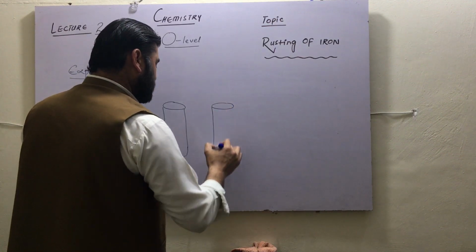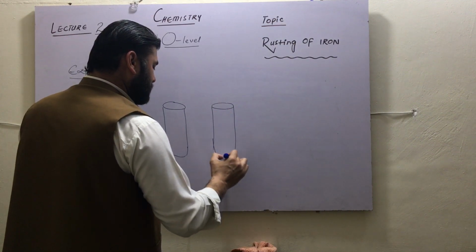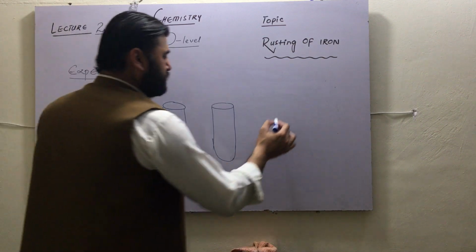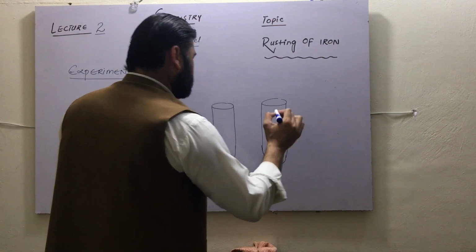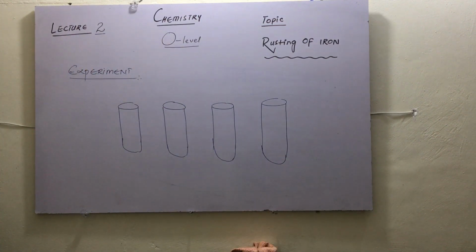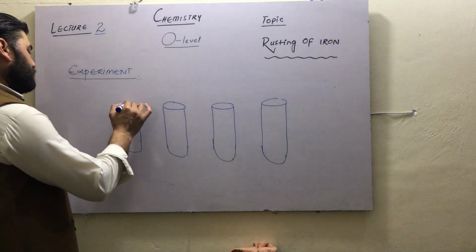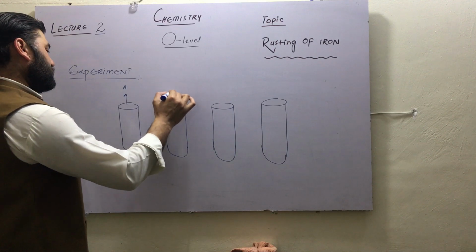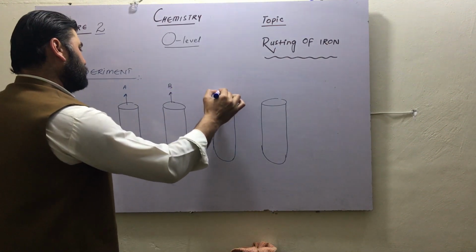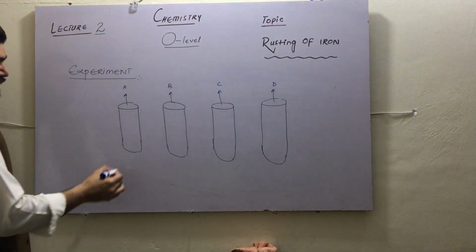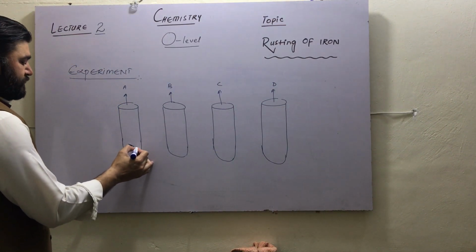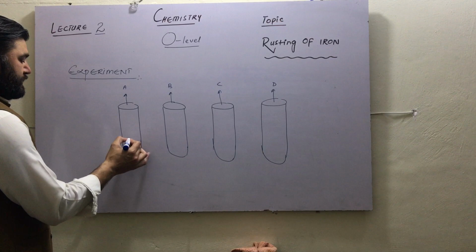My drawing is not very good, but you can get a better idea from the example. These are 4 test tubes of the same type. This is test tube A, this is test tube B, this is test tube C, and this is test tube D. So here iron nails are present in them.